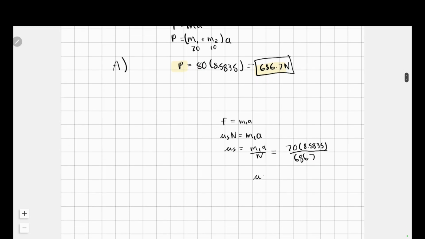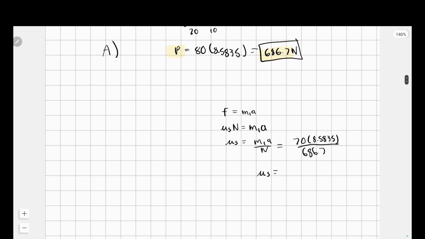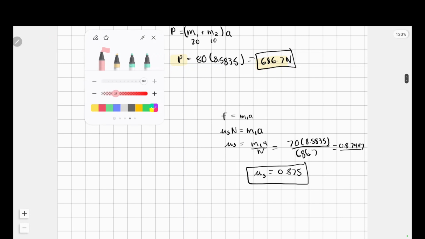That would give us a coefficient of static friction of 0.87497, which would round to 0.875. The coefficient of static friction, or mu s, is unitless, so this would be our answer for the coefficient of static friction.